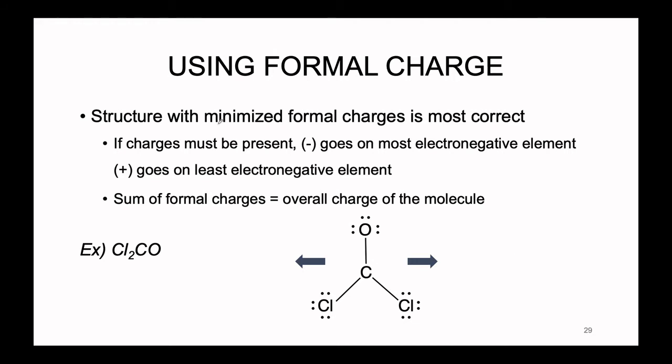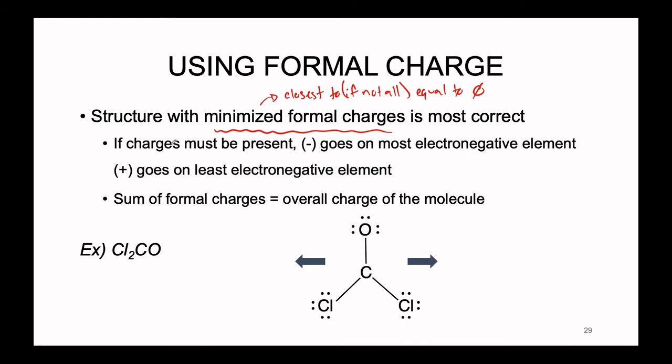The structure that has the most minimized formal charges, those that are closest to, if not all, equal to 0. We want the atom to be as comfortable in its environment as it would be if it were off on its own. It needs to be surrounded by a number of electrons that is going to actually adhere to what its natural form is.